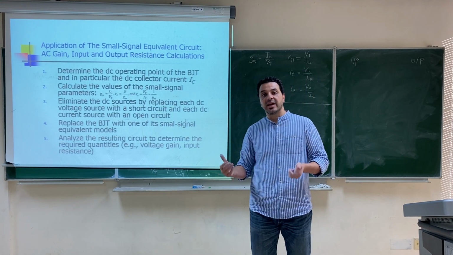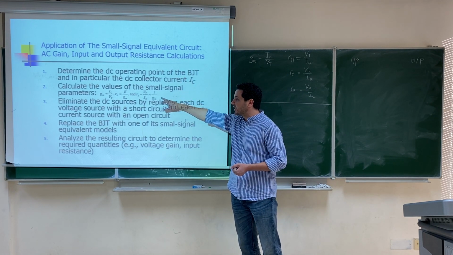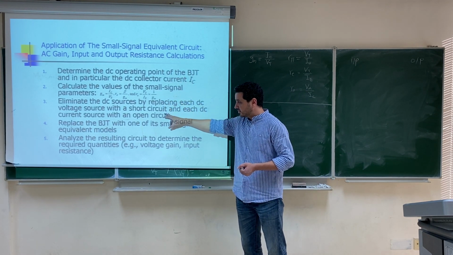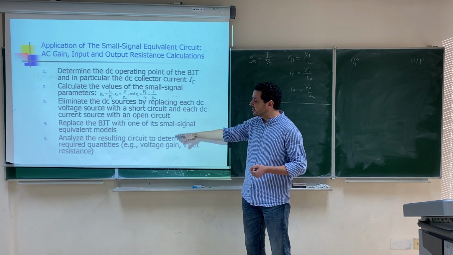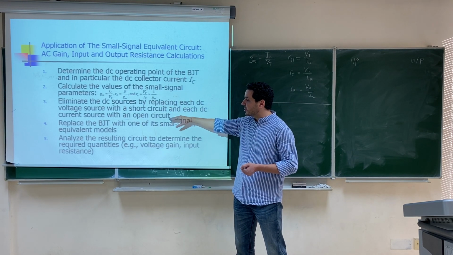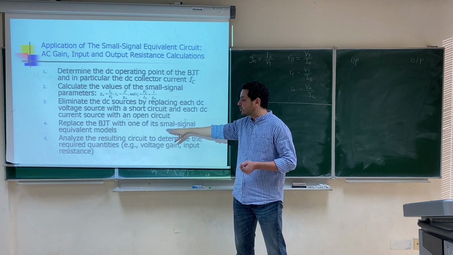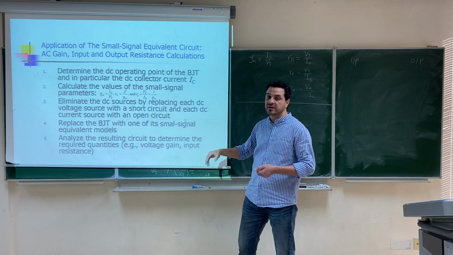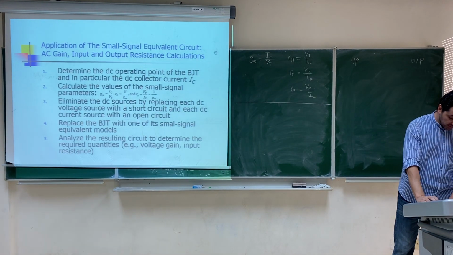So this is how we solve an amplifier circuit: DC first, calculate the parameters of the AC, then replace the transistor with the model, do the analysis and calculate. When you replace the transistor with the model, of course, you have to deactivate the DC sources, and do the analysis for the AC circuit, calculating all the gains, input resistances and output resistances.